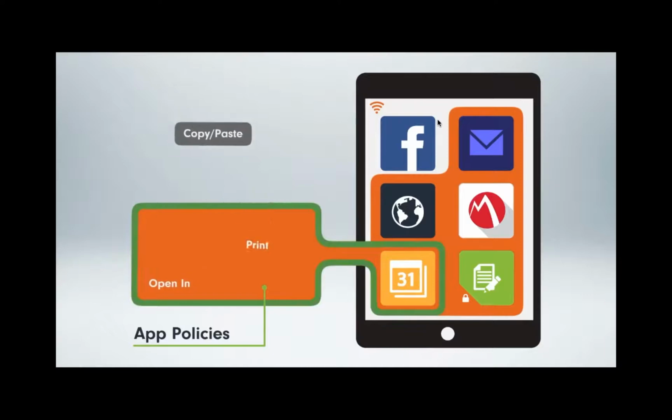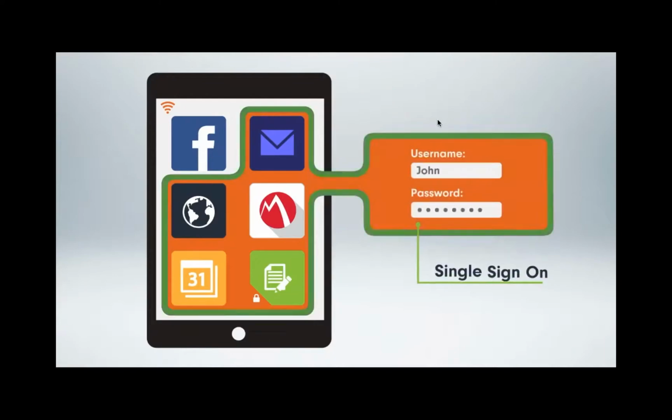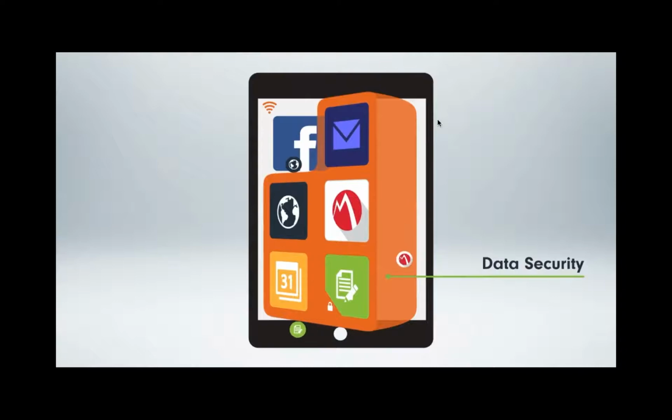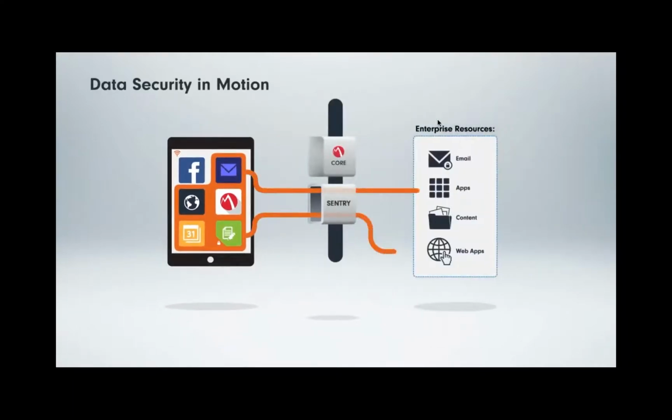MobileIron checks if his device is authorized to run the app and that the right policies are in place. John only needs one password to access all his work apps. Corporate data can move freely and securely between the apps in the secure container, but it cannot be exchanged with personal and unsecured apps. All traffic from the secure apps to the enterprise flows through the MobileIron Sentry Intelligent Gateway to secure and protect data in motion.